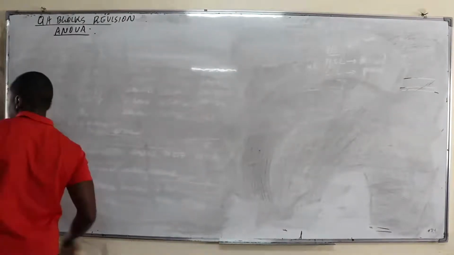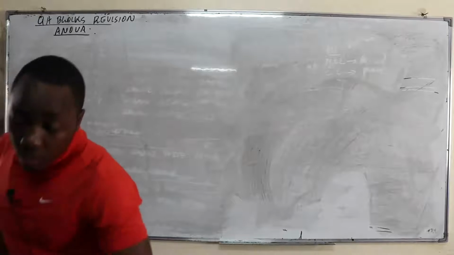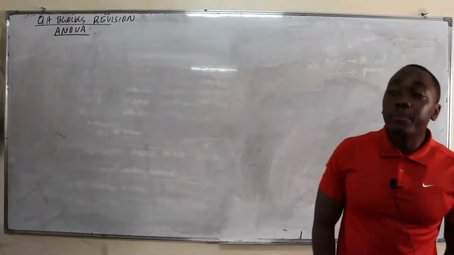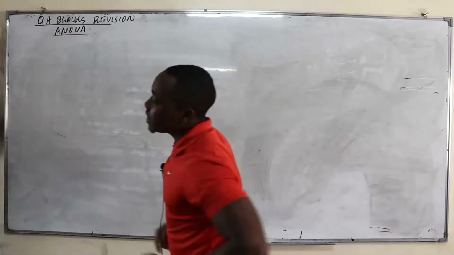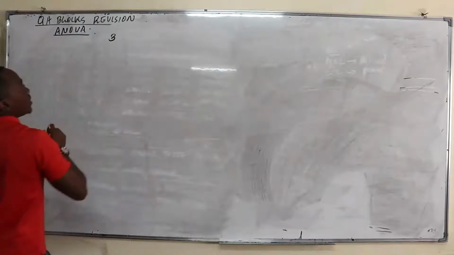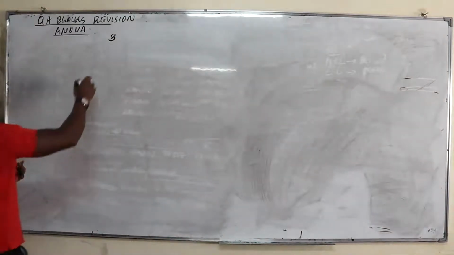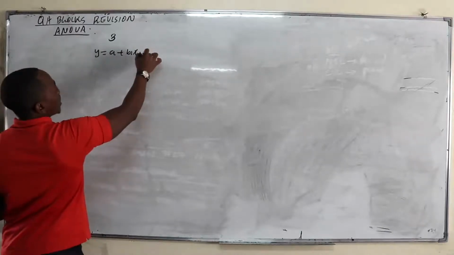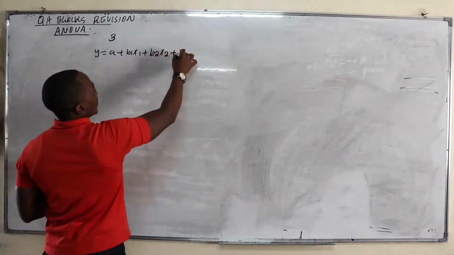Now, let me explain what analysis of variance is. Sometimes you have more than one independent variable and you need to generate a forecasting equation. Let's assume you have 3 independent variables. Your equation will be y equals a plus b1 x1 plus b2 x2 plus b3 x3.